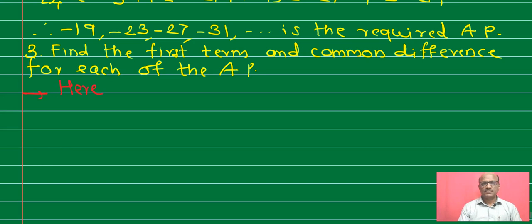Here T1 is 5, T2 is 1, T3 is minus 3, T4 is minus 7. D is equal to T2 minus T1, that is 1 minus 5, minus 4. D is equal to T3 minus T2, minus 3 minus 1, that is minus 4.